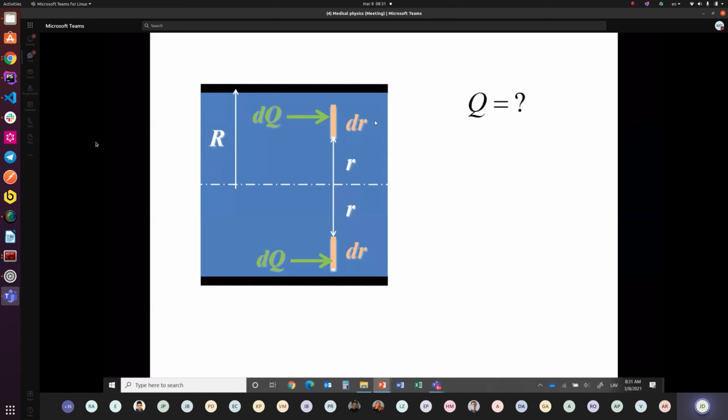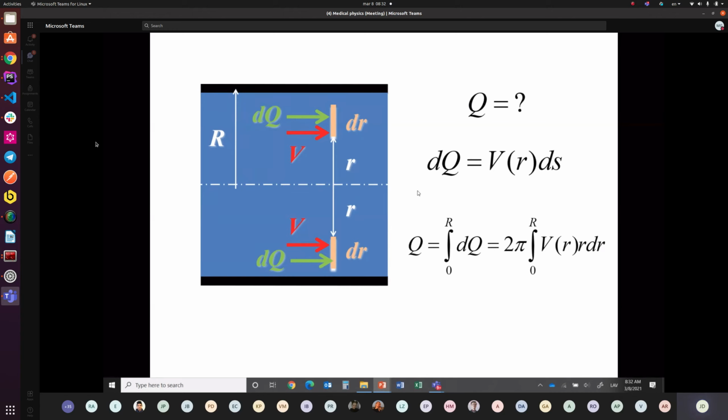The ring is moved, so this flow is also going ahead. So now there is a v, the velocity of this ring movement. Following the definition, we can write that dq is equal to v, but v depends on r, definitely, and ds, the area of this ring, around the ring everywhere.